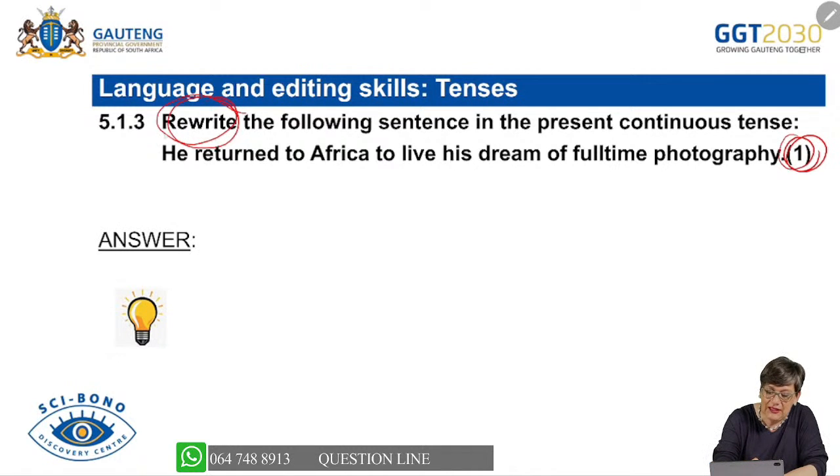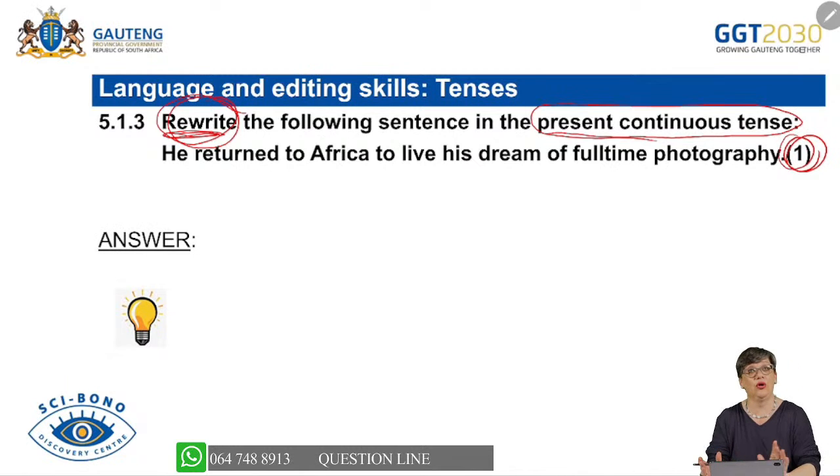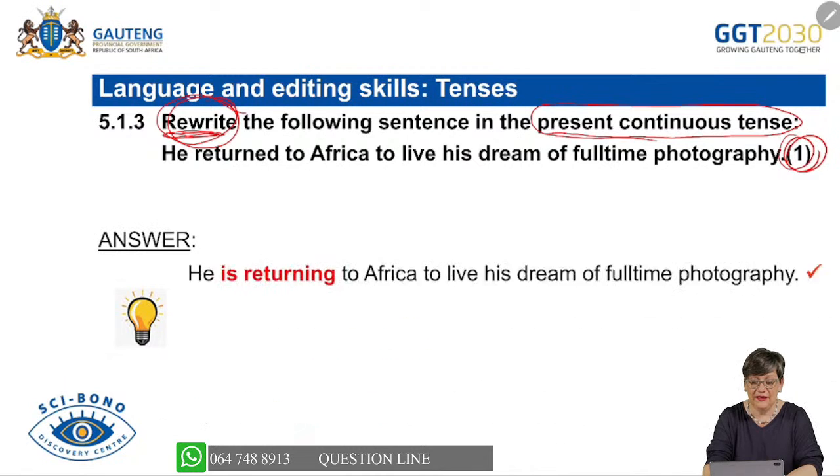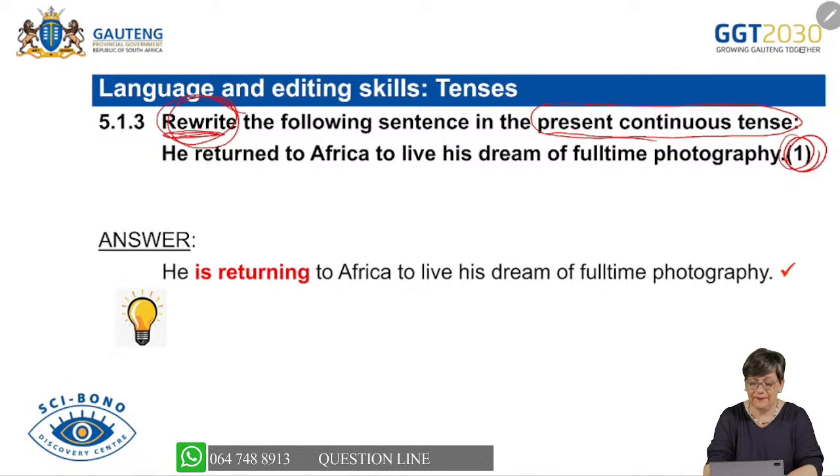So remember I said rewrite, there's our word that we have to do. And what are we supposed to do? We have to do it in the present continuous tense. And I hope, and I know you're an expert, and I'm sure you can remember how to do that. So here's our answer.